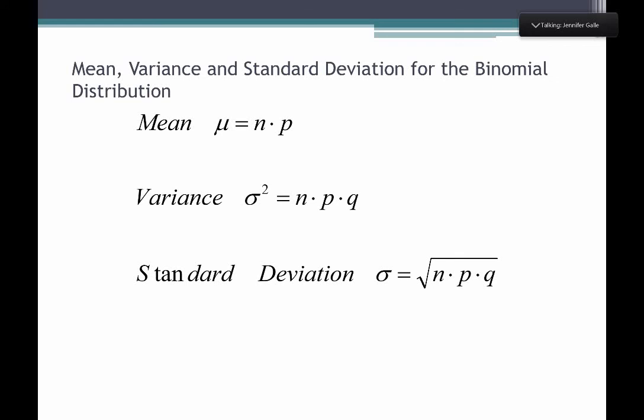These are as simple as they get for those 3. For your variance, it's just n times p times q. And your standard deviation, your little sigma, you're again just taking the square root of the variance. That relationship hasn't changed, nor will it.